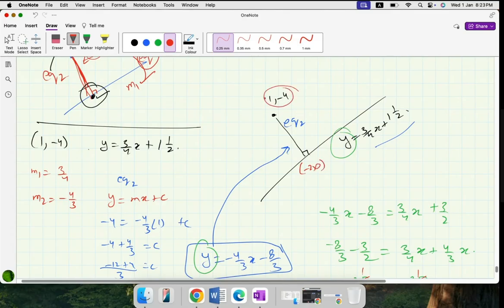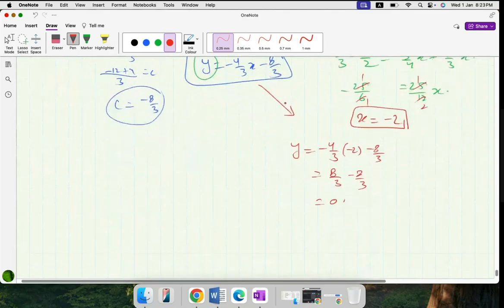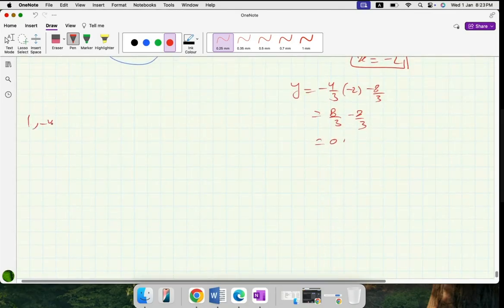Now we have these two points: (1, -4) and x = -2, y = 0.